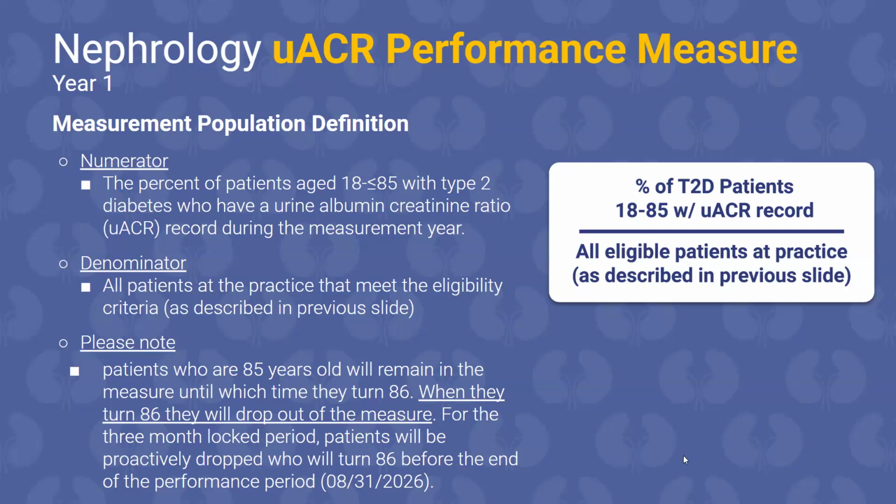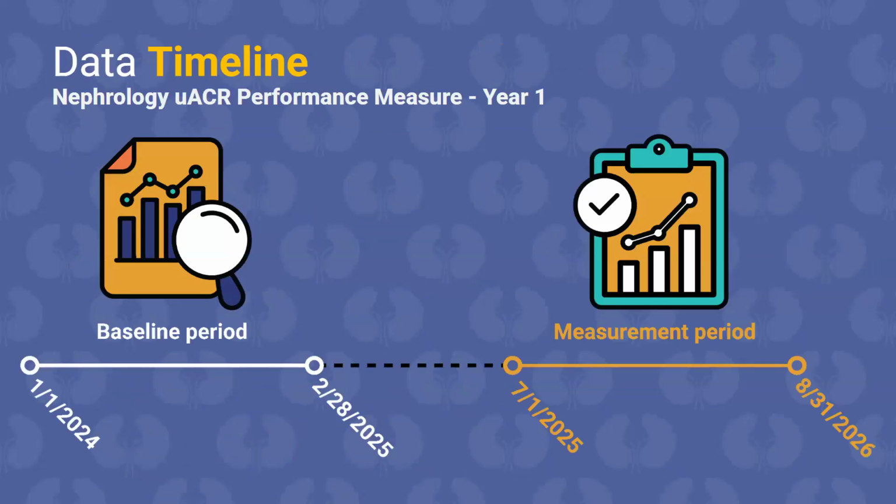And just a technical note: patients who are 85 years or older, once they turn 86, will fall out of the numerator and denominator. So this is the timeline, the baseline period, again a 14-month window, and then the measurement period, a 14-month window to hopefully capture as many patients as possible with the UACR testing.